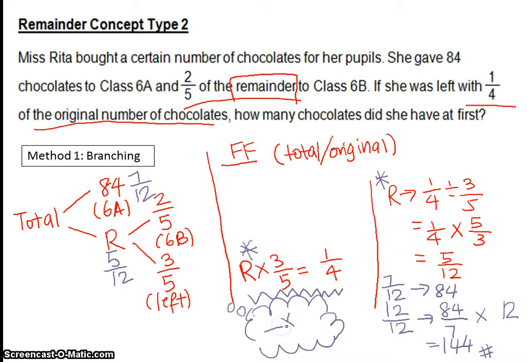Ask yourself, how do I find this blank? In order to find this blank, I take 12 divided by 3. Then I'll get 4. Same thing for here. So if you've forgotten how to calculate R, just think of this example to help you find R. That will be all for the branching method.